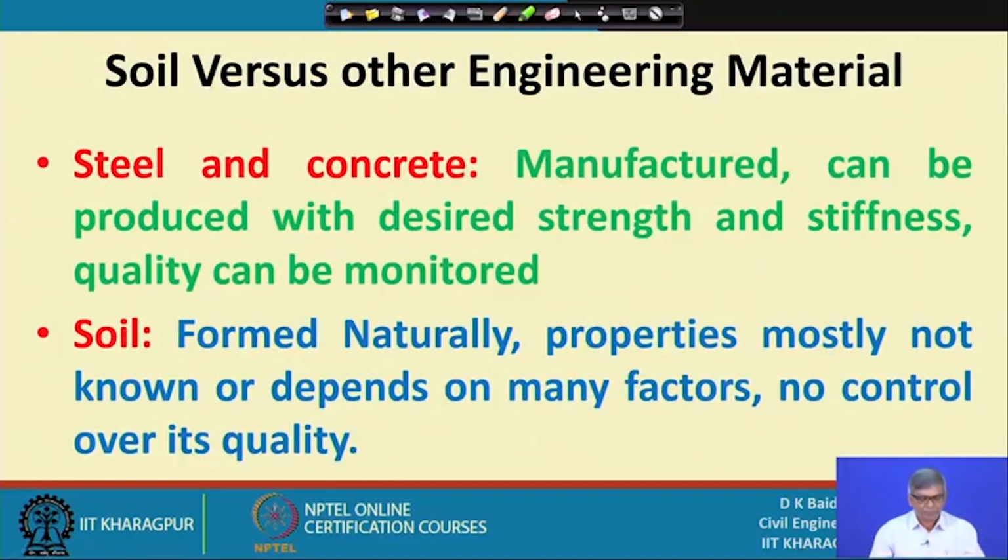Now, we have discussed rock, we have discussed soil, and how agricultural engineers see the soil, how geologists see the soil, how geotechnical engineers see the soil. And finally, I have mentioned that the geotechnical community generally classifies the soil as granular or cohesionless, and cohesive.